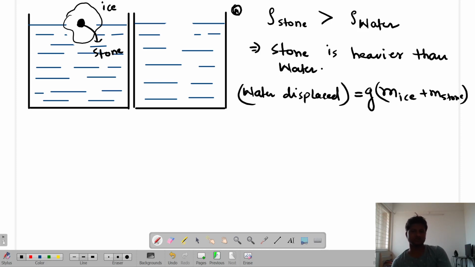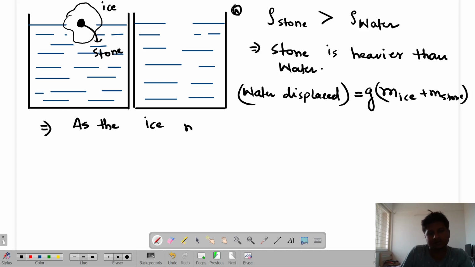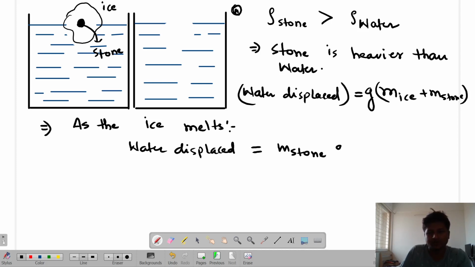Ice will melt, isn't it? So when ice melts, the water level got similar to the water level which was present initially. Now, as the ice melts, water displaced is due to just the mass of the stone into gravity g.